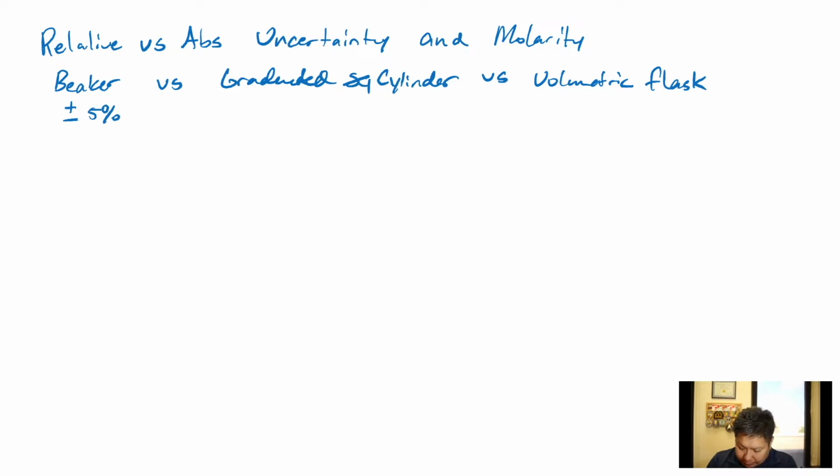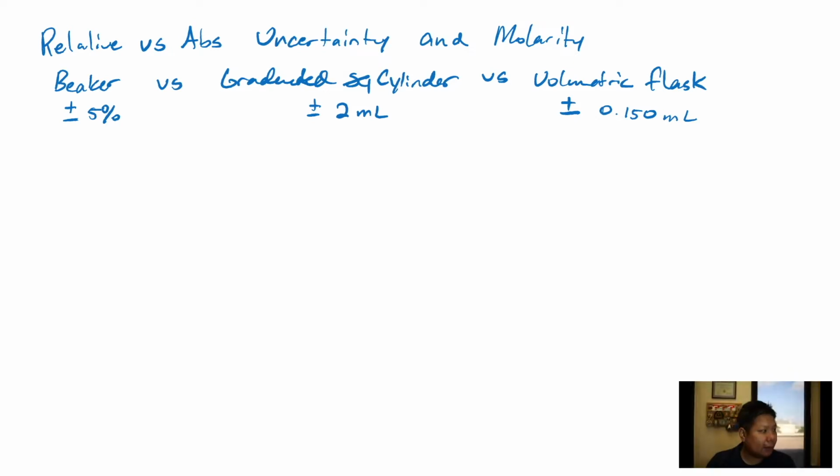The graduated cylinder had plus or minus 2 mL. And the volumetric flask had a wonderful, very low uncertainty of 0.150 mL, or 150 microliters.